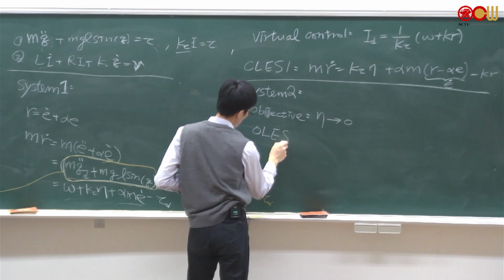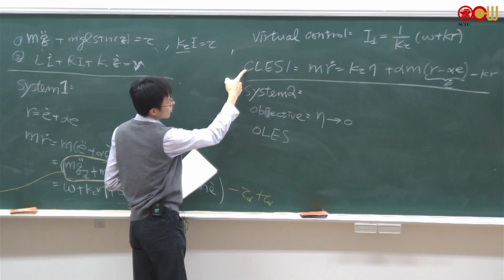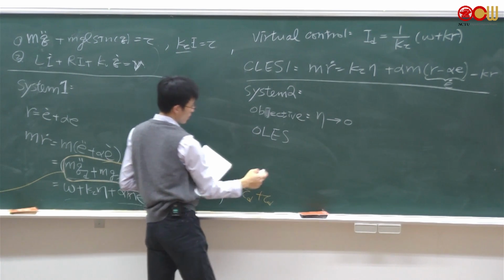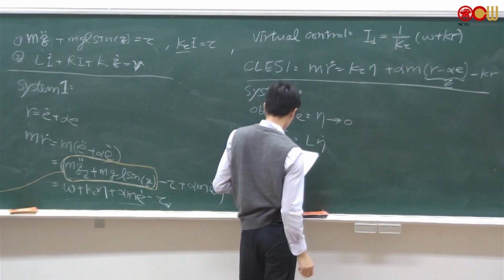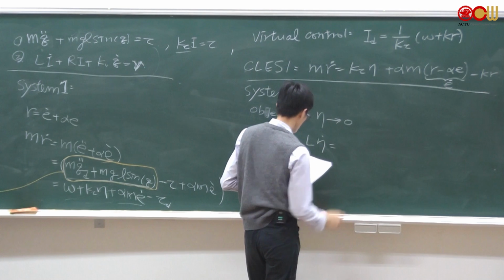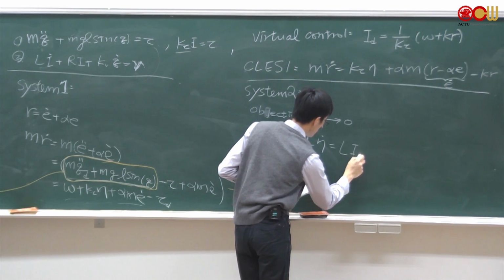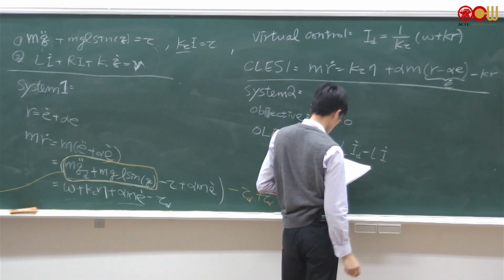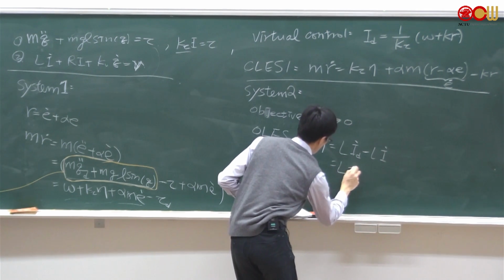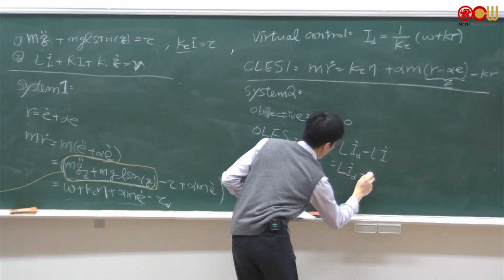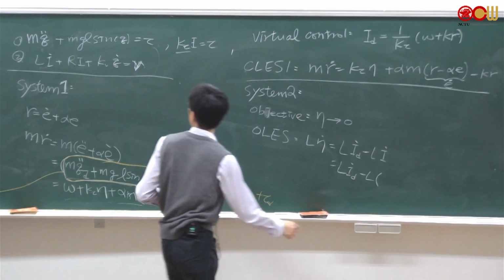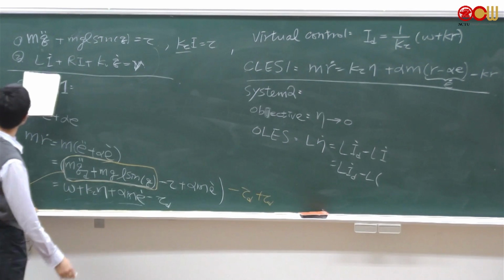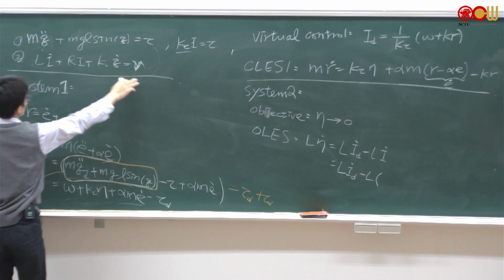Open loop error system: eta equal to L I_D dot minus L I dot. And L I dot is this equation.